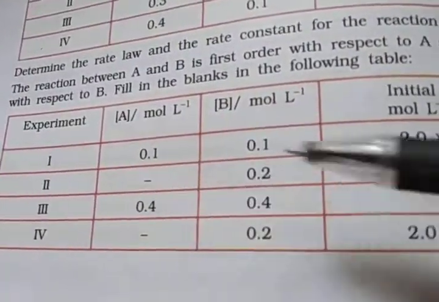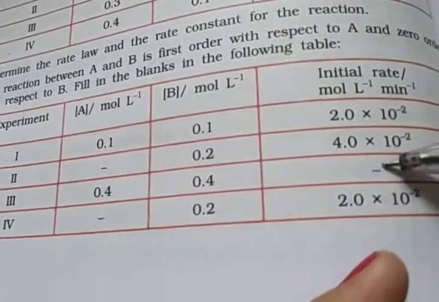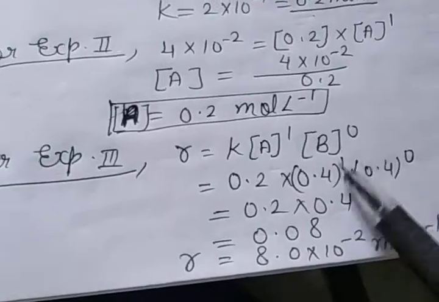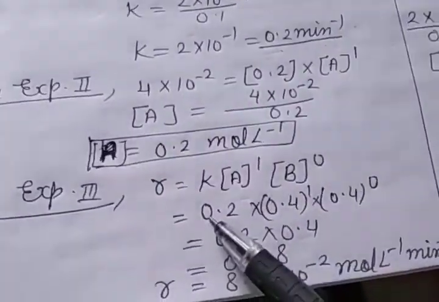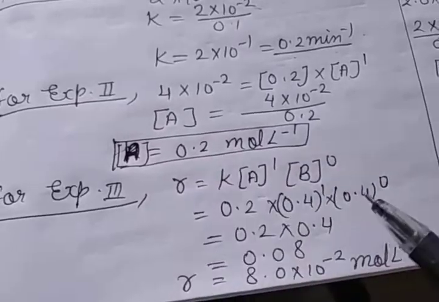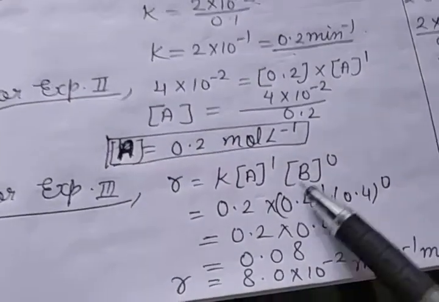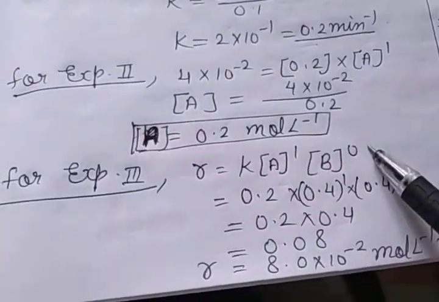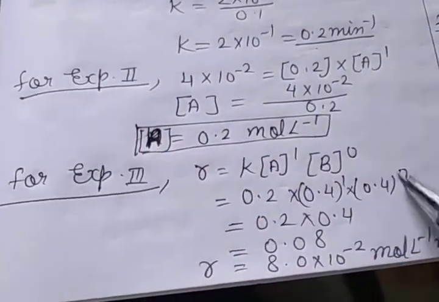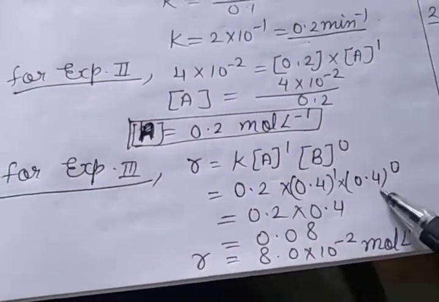Then for experiment number third, the A value is given, the B value is given, and we have to find the initial rate R. So simple, R is equal to K A power 1 and B power 0. K we found is 0.2, put the value, A power 1, and then B power 0. B is given as 0.4, power 0, so power 0 means 1.